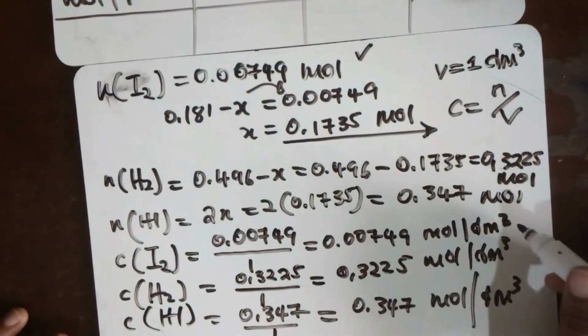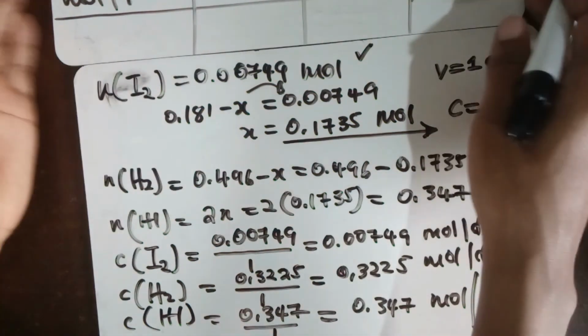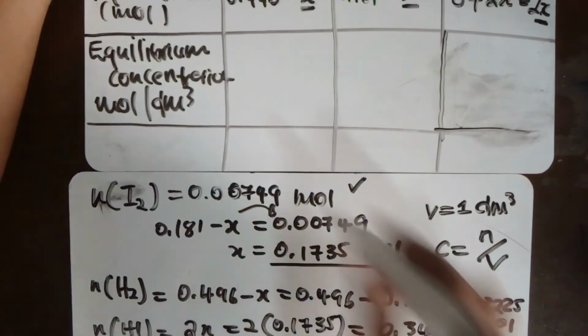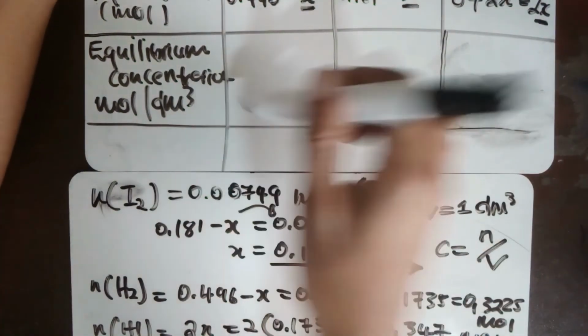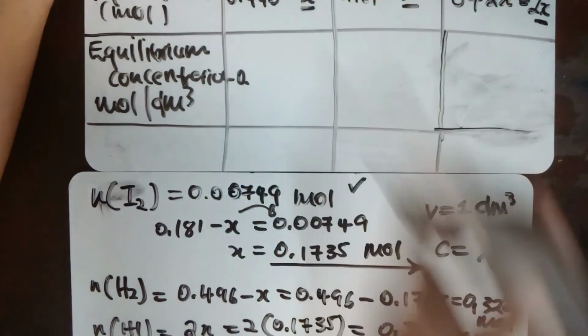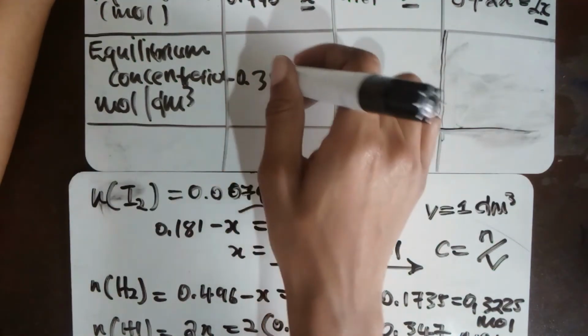So we now have the concentration of all our reactants and products at equilibrium. You can simply write it back into your table. So at equilibrium, for hydrogen, it's 0.3225.